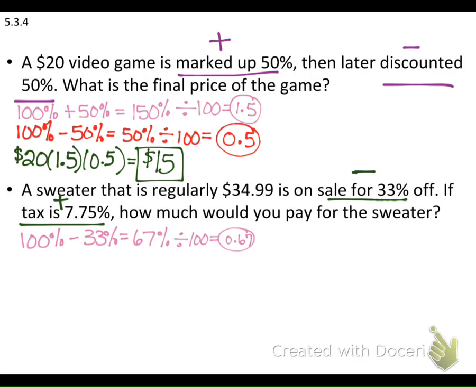Moving right along. What do I do next? 100% plus what? 7.75. Okay, which equals?